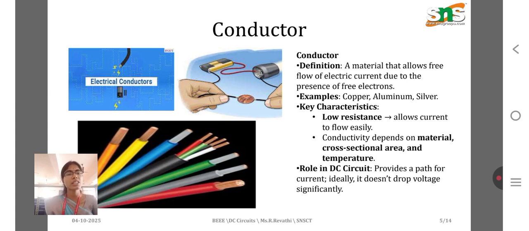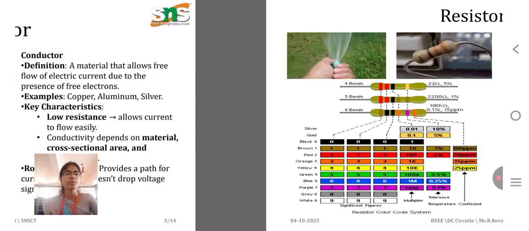A semiconductor partially conducts and partially resists. Insulators resist the flow of charges. Low resistance allows current to flow easily, so a wet area has a low resistance path which allows a human to get a shock instantly. The role in DC circuits is to provide a path for current. Ideally, it doesn't drop voltage significantly.